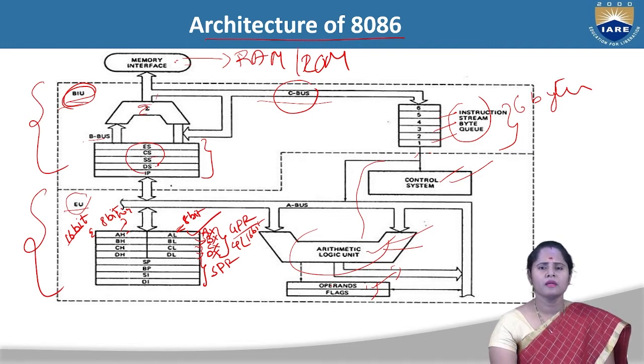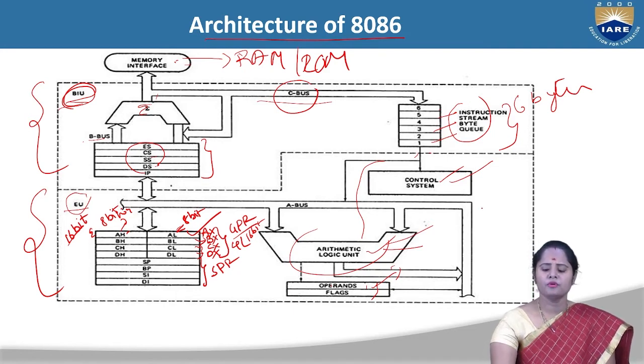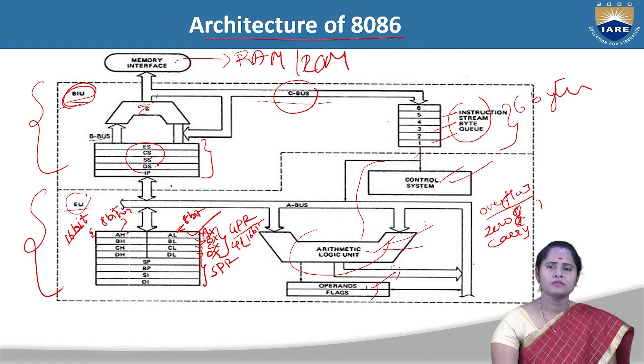Whenever you're executing, there are some points where you have an overflow, or a zero flag, where the answer is zero. You may get a carry if you are adding two bits. So the status of my arithmetic and logical unit, of all the operations performed, can be defined by my flag register.